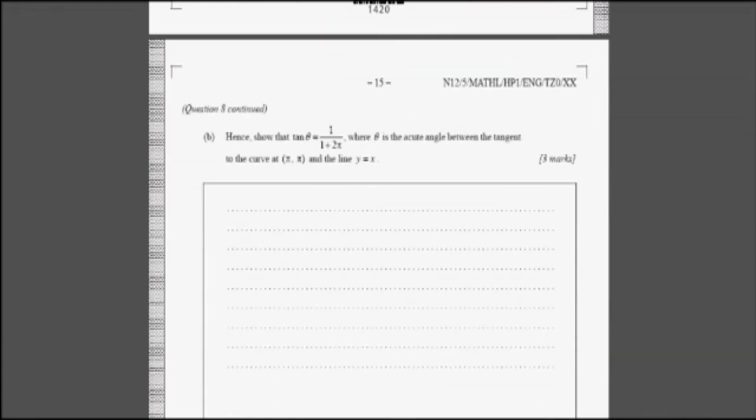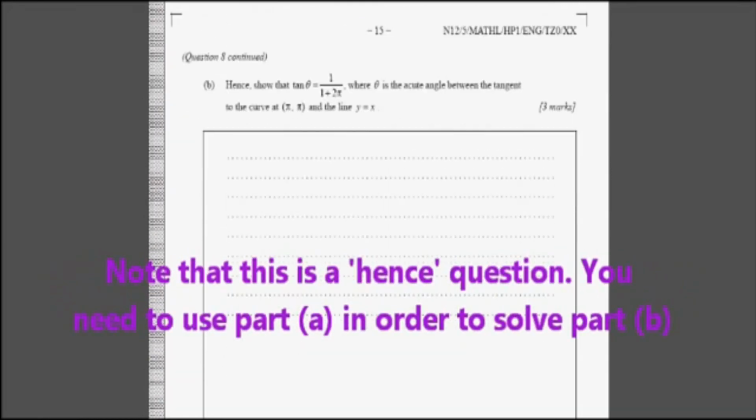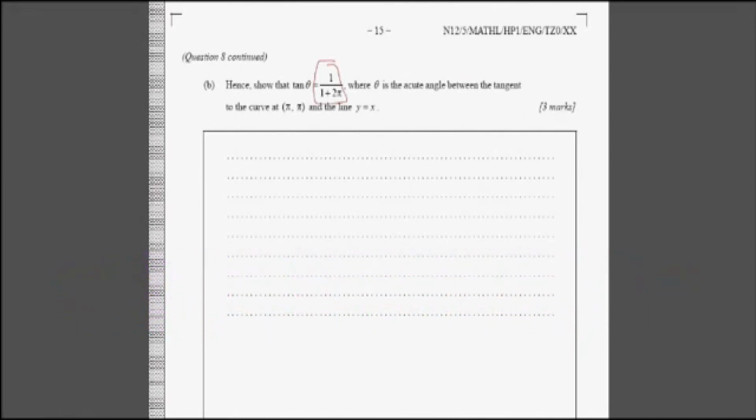Now question B, hence show that tan theta is 1 over 2 whatever. You don't have to worry about what is asked at this moment, where theta is an acute angle between the tangent to the curve and the line. So there are two lines and you need the angle between them, which means it is just the difference between the angles. So theta is the difference between these two angles.